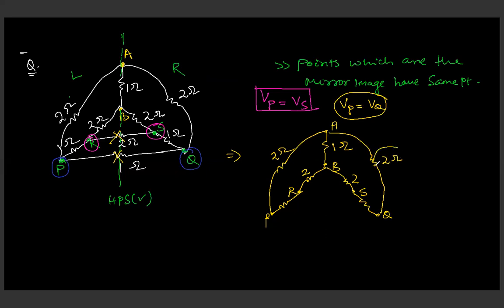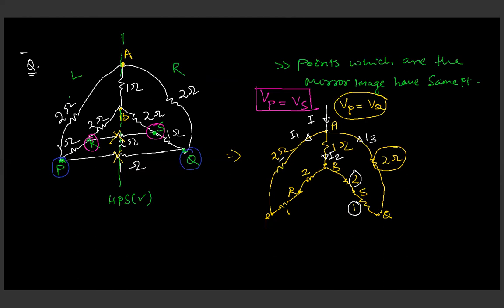This one is 2 ohm. So I'm going to mark these 2 points as 1, and this one is 1, right? So let's solve it. Can we say this 2 and this one are in series, because if the current moves from A to B, the total current is I, so it is going to be divided like this: I1, I2 and I3, right?